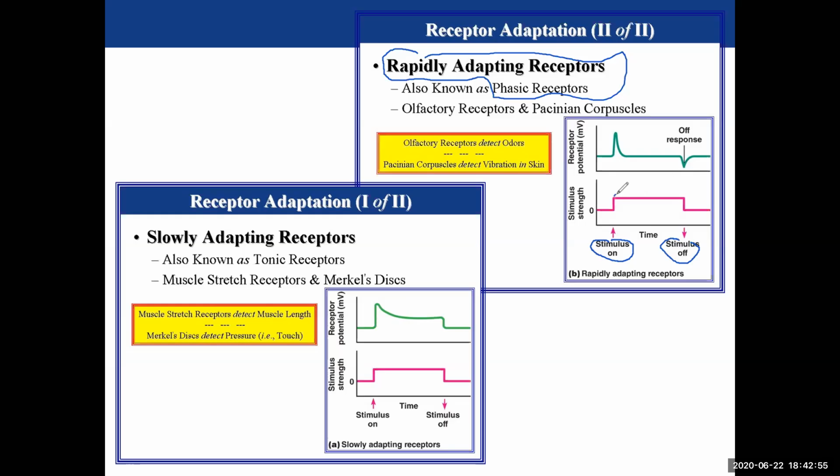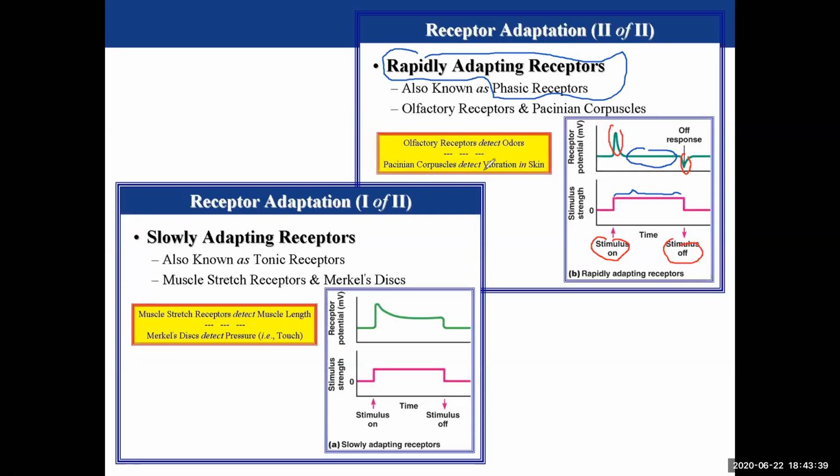For the remaining period where the stimulus is present, they don't respond. You see the flat line right there, right? So they respond only at the beginning of the stimulus and only at the end of the stimulus. Throughout the rest of the duration of that stimulus, it's a baseline, so they ignore it. And we call those rapidly adapting receptors.